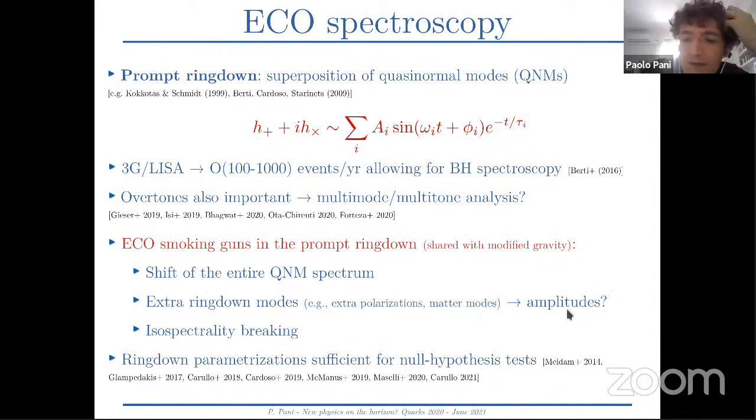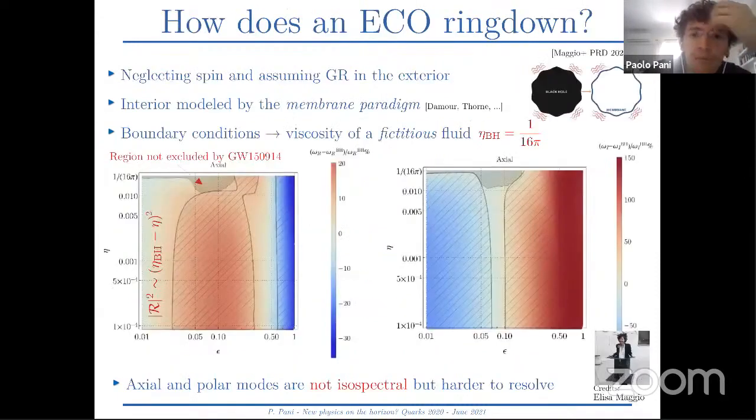An important problem here is the amplitude, the excitation factors for these extra modes, depending on the model, of course. And then there are other interesting effects like isospectrality breaking that occurs essentially for almost any model beyond GR or beyond Kerr. An important point is that studying the ringdown beyond a case-by-case analysis is tough.